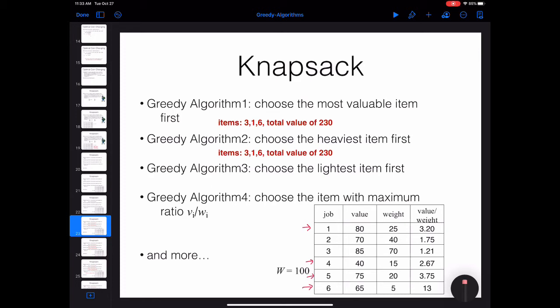You can't take 2 anymore, and you can't take anything else. So the answer here is going to be 6, 4, 5, and 1, which the value here is going to be 260.